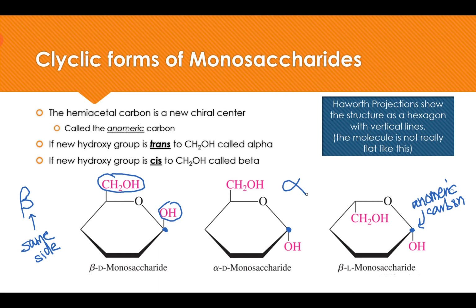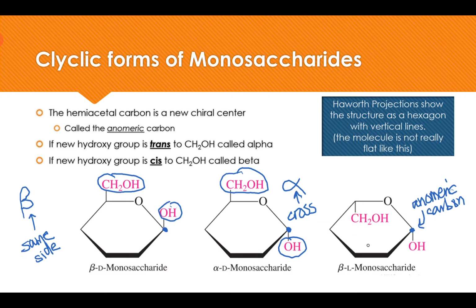Alpha means that they cross one another, so they are across from one another. If they're across from one another, then they are alpha. If they are on the same side of the ring, then they are beta.